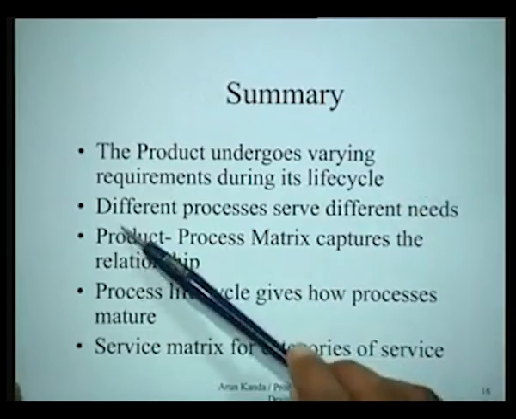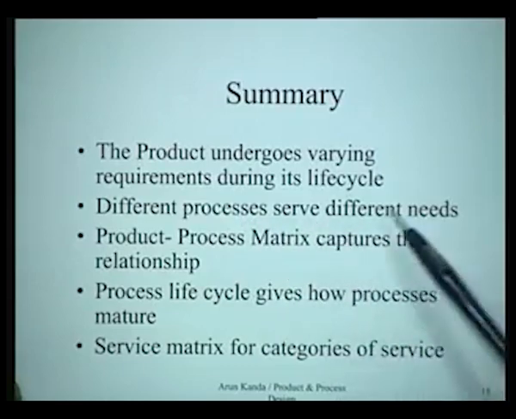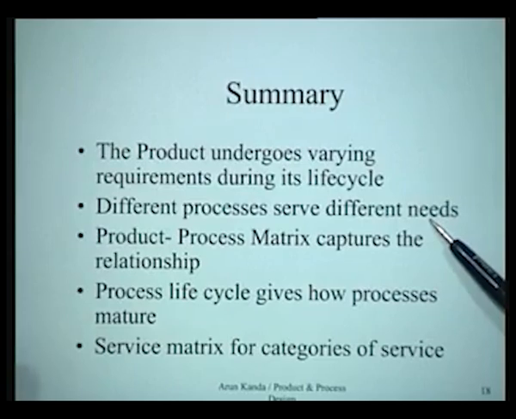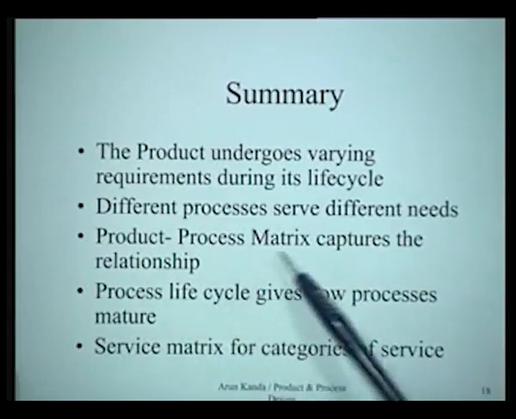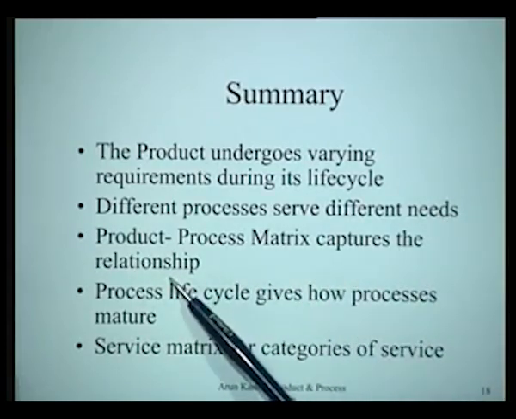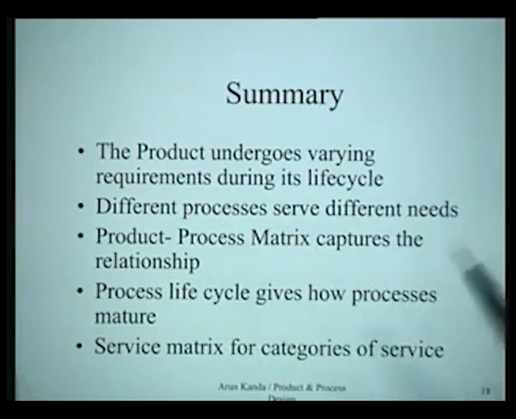Then we saw that different processes serve different needs, and typically as the product matures, different processes are required to capture those needs. So the product process matrix which we talked about was capturing this relationship between the product and the process essentially.